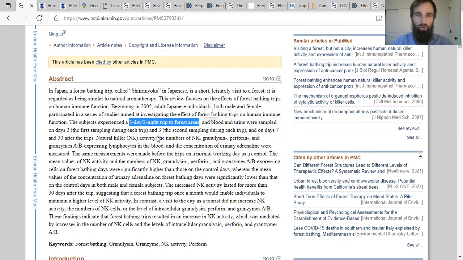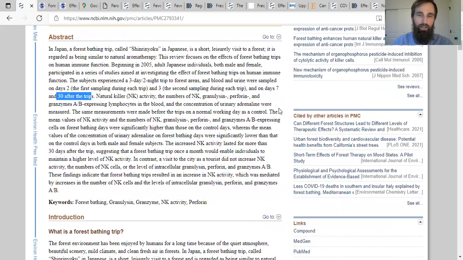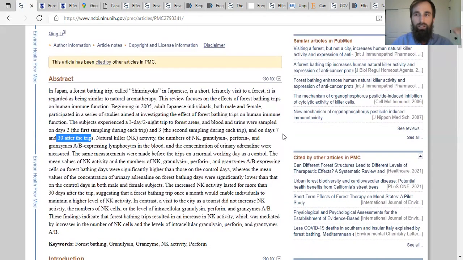They measured them before the trip, and then they measured them after the trip on day 2, day 3, day 7, and day 30. And again, an increase in these enzymes would result in an increase in the natural killer cell activity.